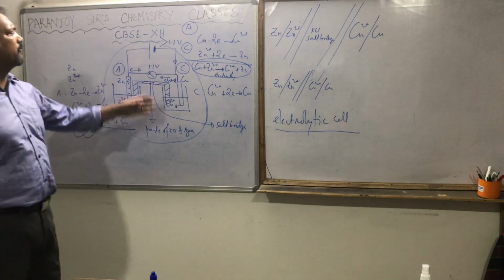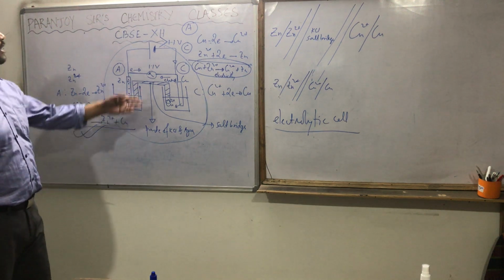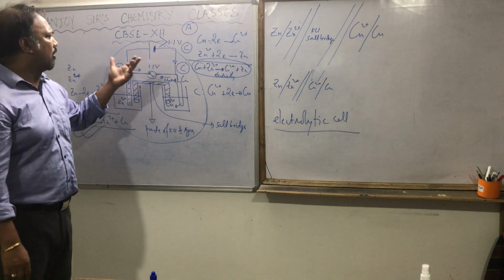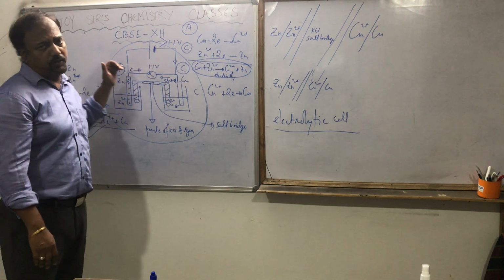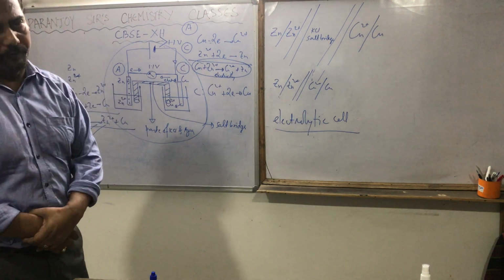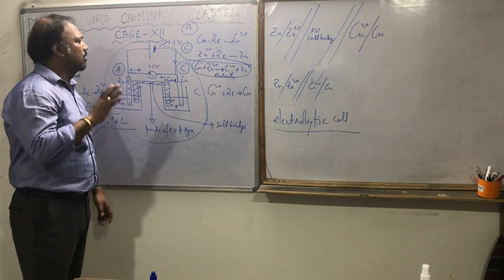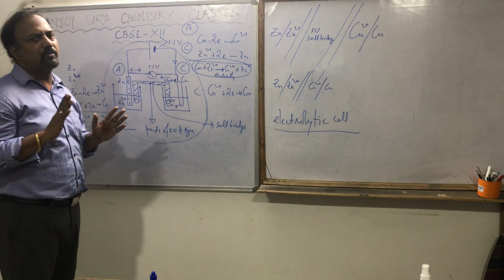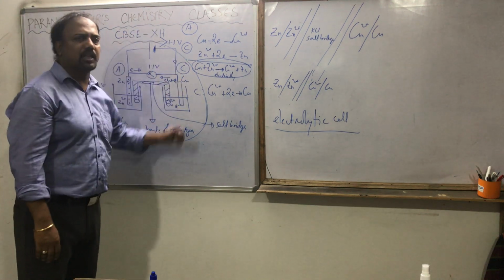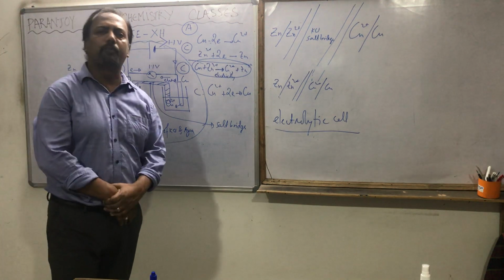But now if we apply an external potential less than the potential difference generated by the cell, obviously the electrons will still flow in the natural direction. If it becomes equal, then the electrons will stop flowing and there will be no passage of electricity. But if it becomes greater than the natural value, then the electrons will start flowing in the opposite direction.